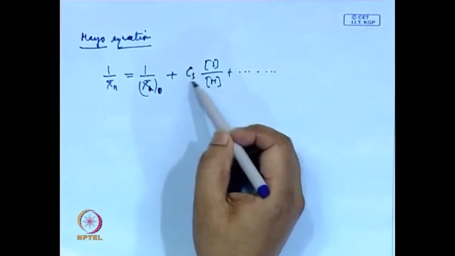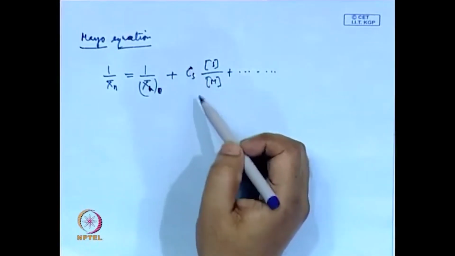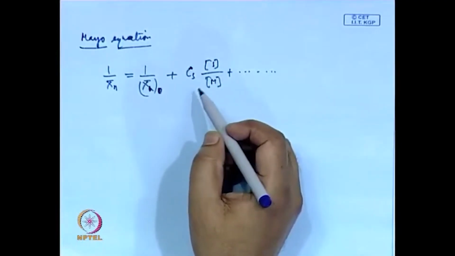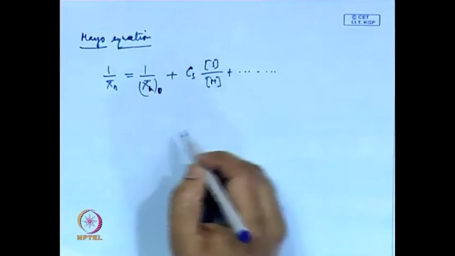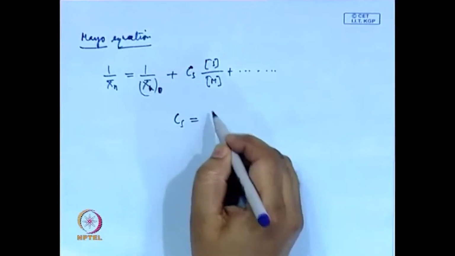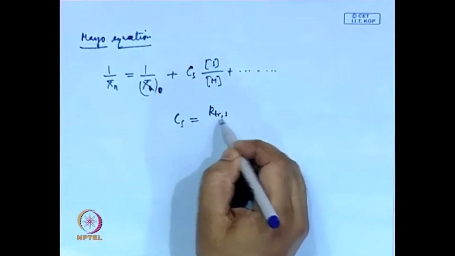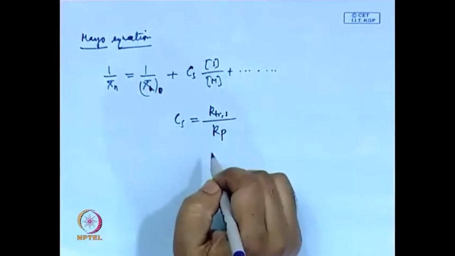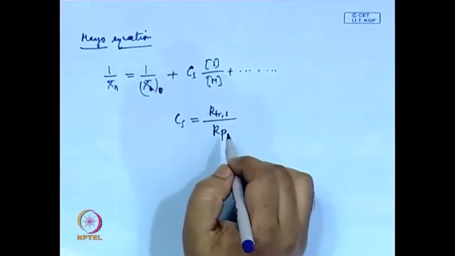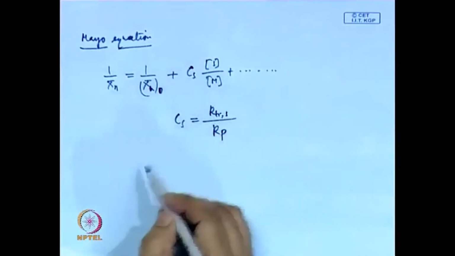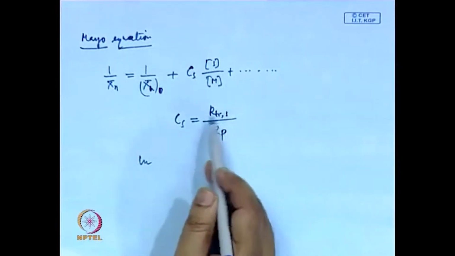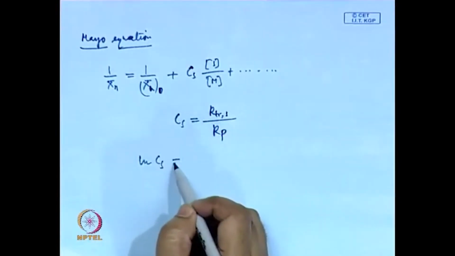This C stands for transfer constant and is given by the rate constant for the transfer and rate constant for the propagation.